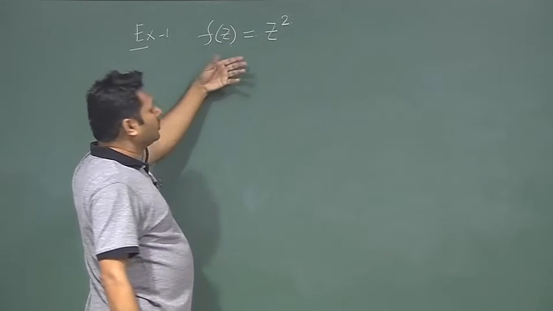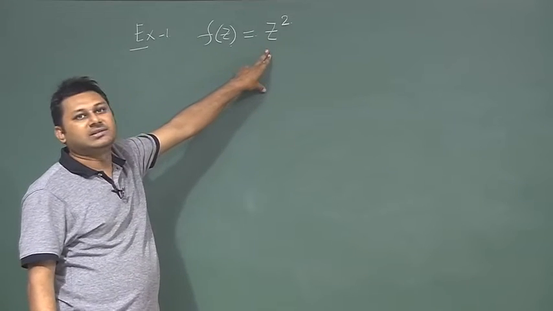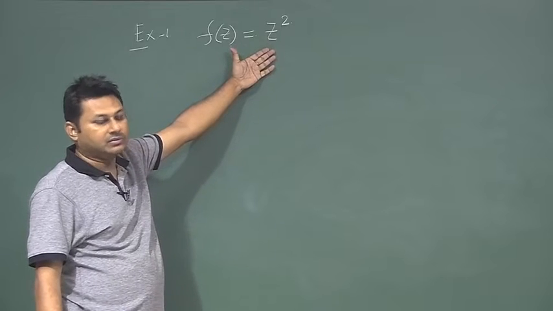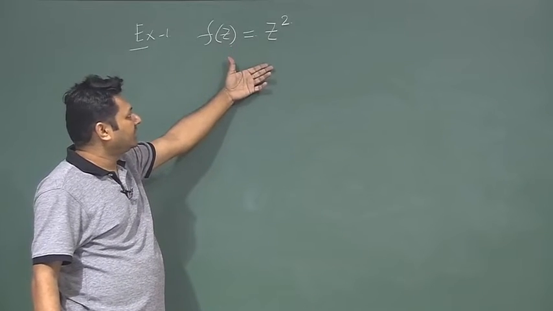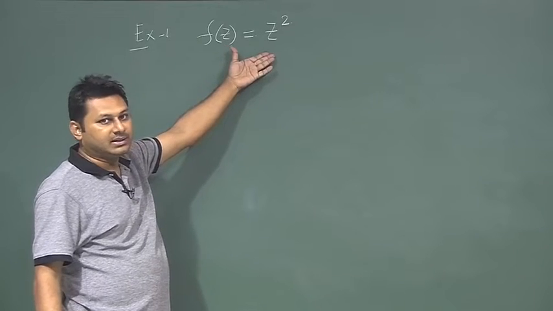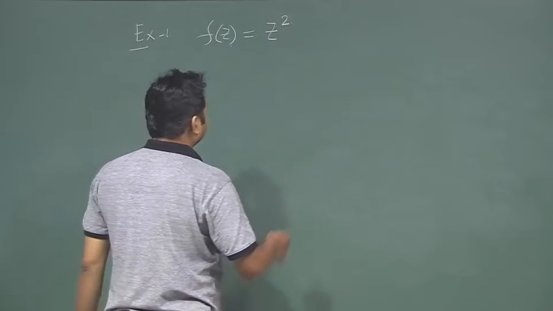So, first thing you should note is that this function is not an explicit function of z star. You will not be able to write this function in terms of z star at all. If you cannot, then readily you understand that this function, whatever the function is given, should be analytic, but we need to prove it by using the CR equation.